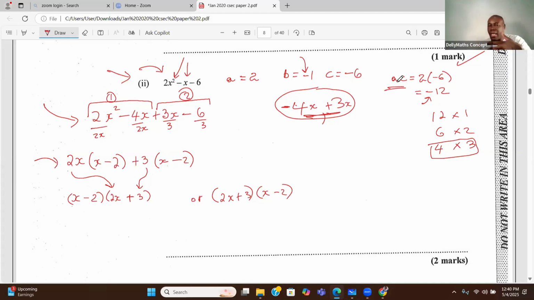So I don't want people to overthink, because the moment you can identify something that is common, that's the highest that you're doing. The moment you see 4 terms and you group them up to work with them, then you're doing grouping, because grouping is just to group them up and to make sure that something is common for each group. Nothing else is there for grouping. You understand what I mean?